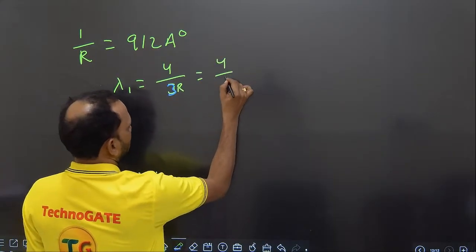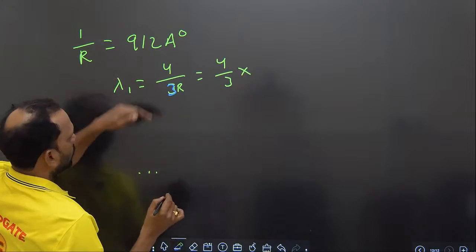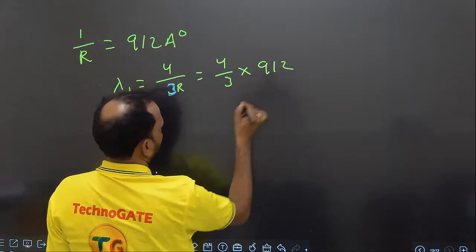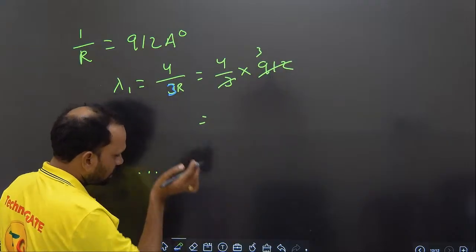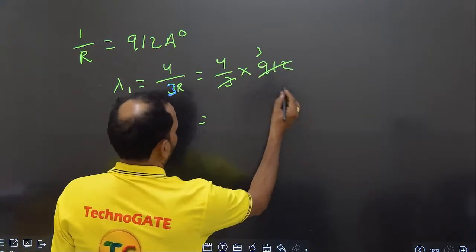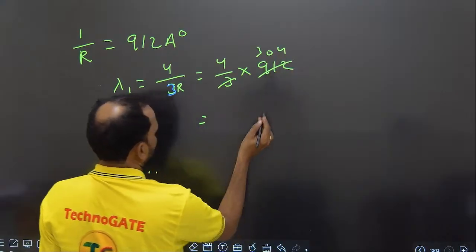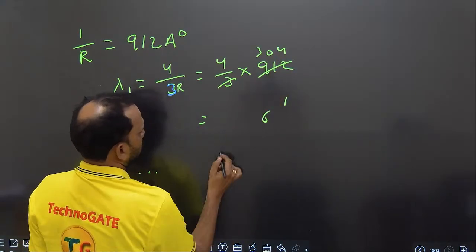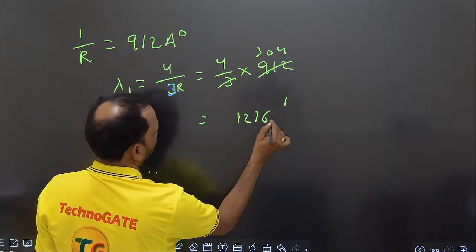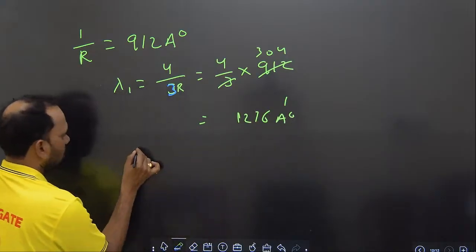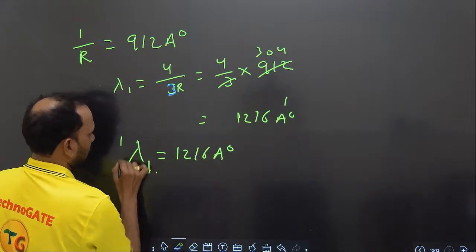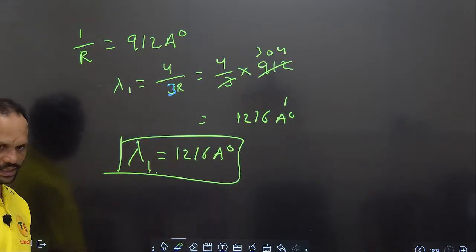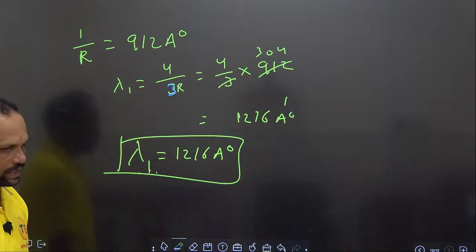So 4 by 3 into 1 by R value, which is 912. 3 threes are 9, then 12. 3 fours are 12, 4 by 3 into 912 gives 1216 angstroms. The first member of the Lyman series is 1216 angstroms. Like that we have to find it.